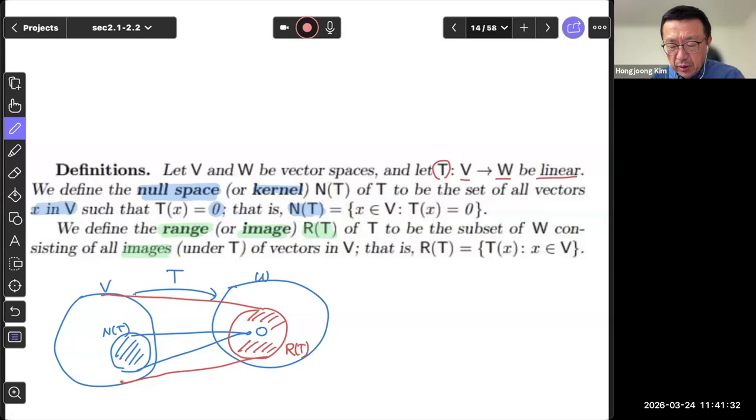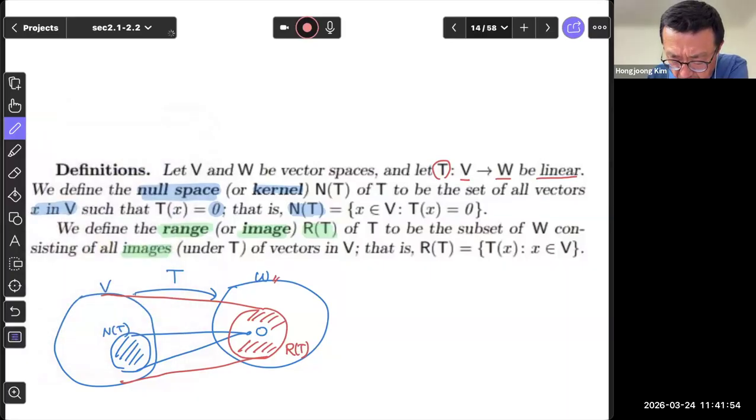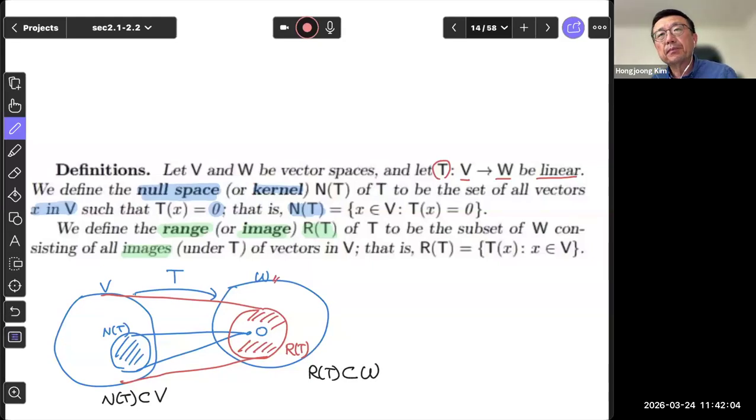So R of T is a subset of W, the codomain, and the null space is a subset of V. So the null space is a subset of V, and the range is a subset of the codomain W. Please remember that.